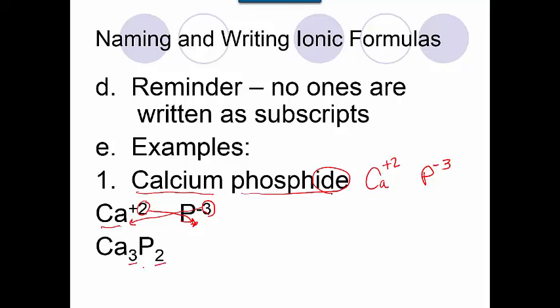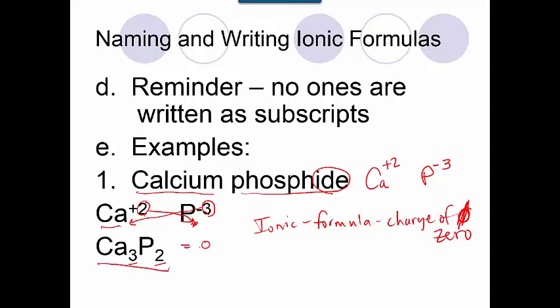Now here's why those charges are important. When you're doing an ionic compound, your overall formula has to have a charge of 0. Okay, 0, charge of nothing. So right now, having a +2 and a -3, those have charges. This formula has to have a charge of nothing, 0.